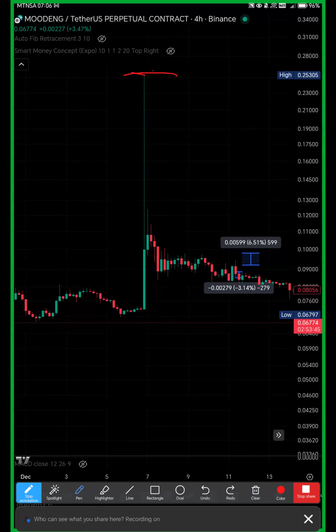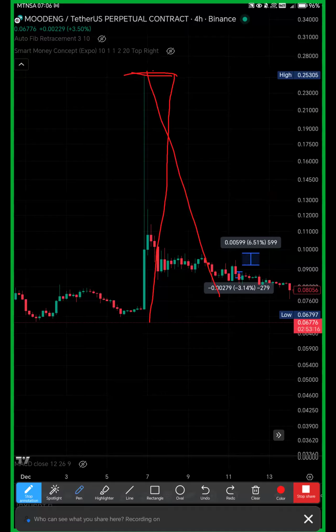Then in most cases, if you are to follow closely, when one candle rises rapidly, like this one, okay, when one candle pumps abnormally, I call it abnormal movement of price, you should expect a dump afterwards.